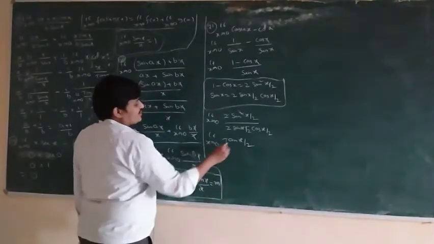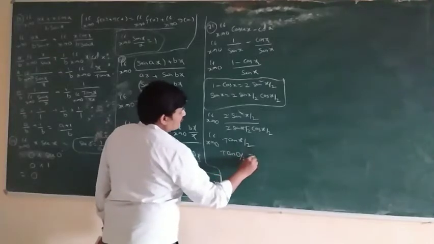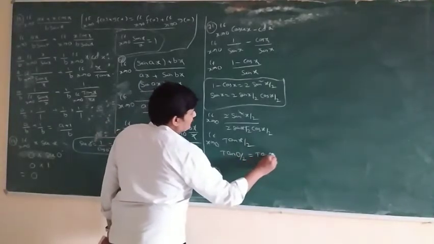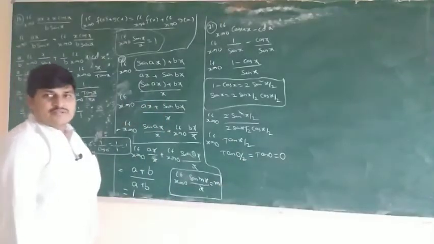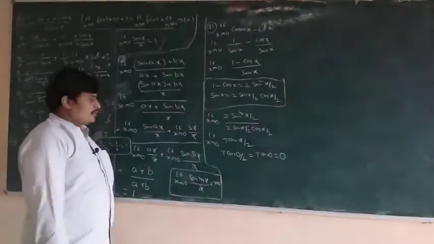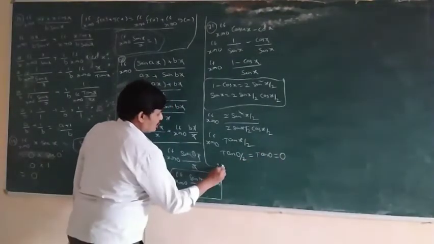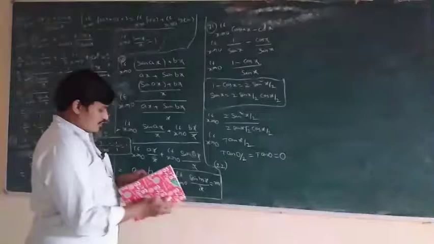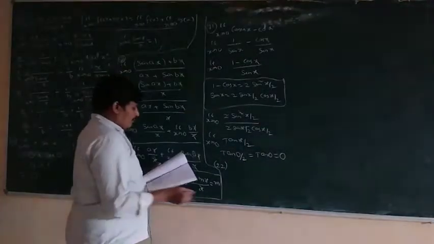So tan 0 is equal to 0. So this answer is 0. This is the 21st problem.